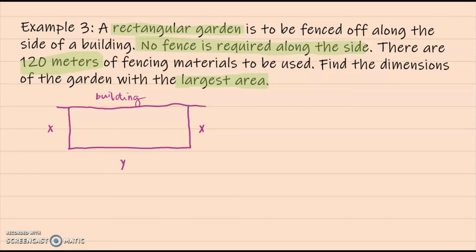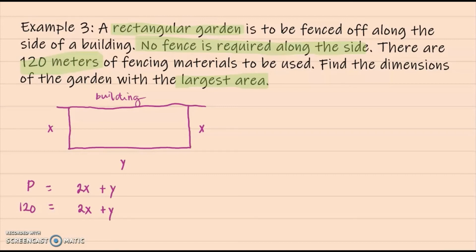First, the equation for the perimeter: P equals 2x plus y. Since we have 120 meters of fencing materials to be used, 120 meters is already our perimeter. So we have 120 is equal to 2x plus y.